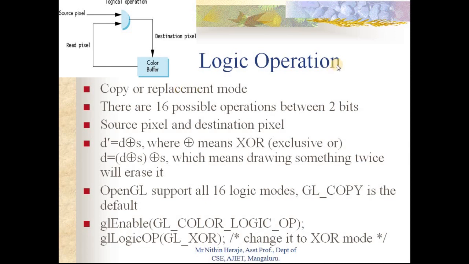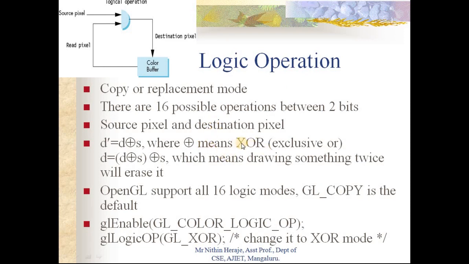Okay, so those are the different operations for logical operation. And there are 16 possible operations that can be performed between the two bits. We have source pixel and destination pixel. Source pixel, as I said, is the black pixel which was there, and later on it turned into the blue pixel. So we call the initial one the source pixel and the blue one the destination pixel.